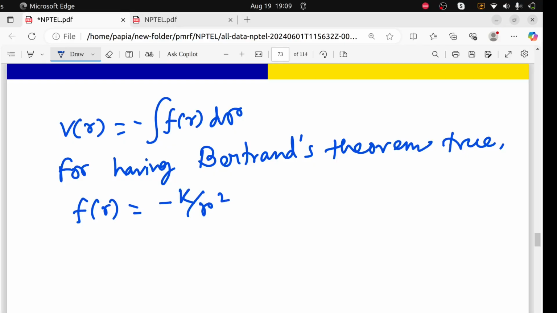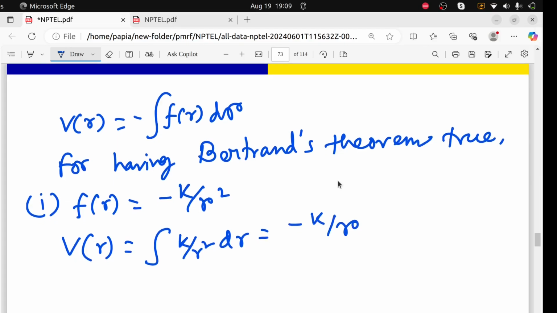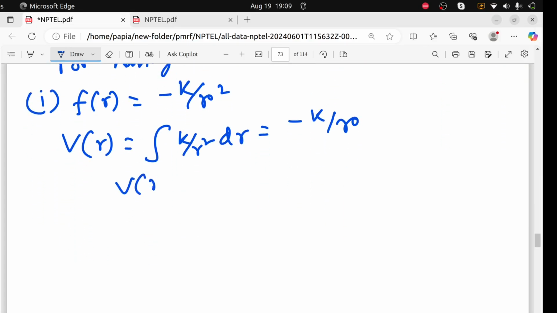For that case, V of r will be the integration of k by r square dr, which is nothing but k by r, or something proportional to 1 by r.